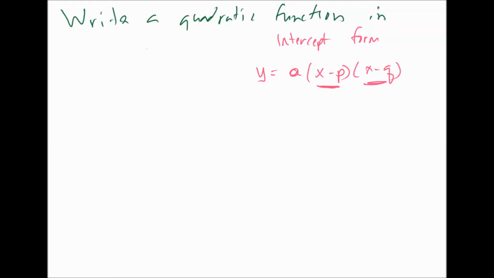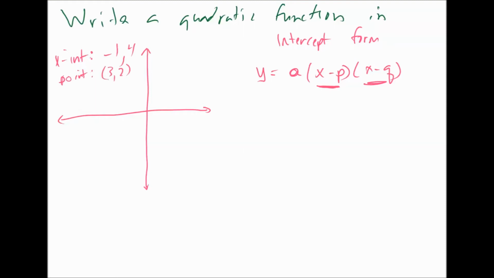So for a problem like this, it's going to tell us the x-intercepts. So maybe it'll say x-intercepts are -1 and 4, and it will tell us a point, which is 3, 2. So let's plug those x-intercepts in, -1 and 4. And we have 1 point, 3, 2.